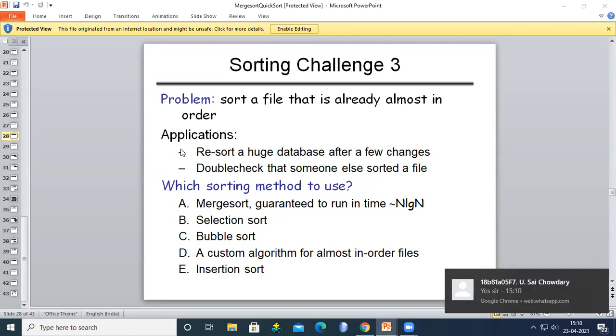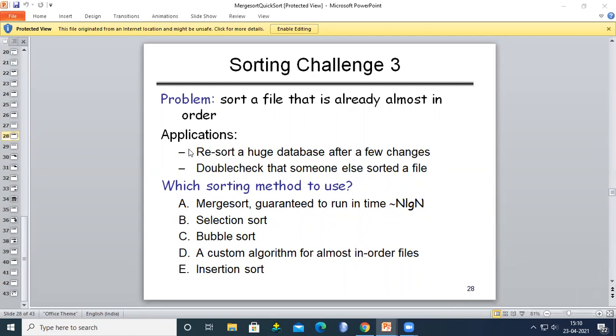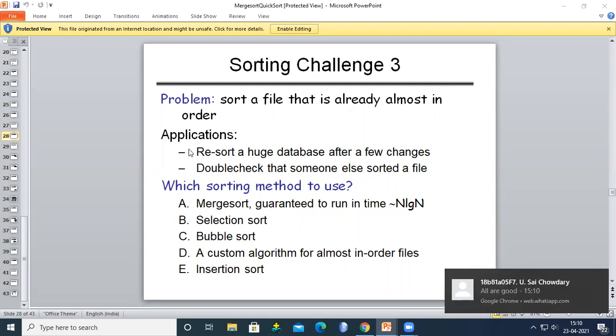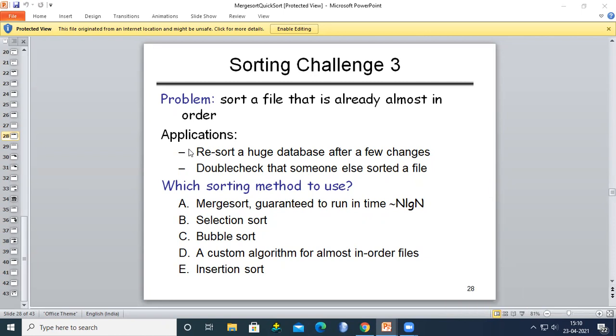Suppose the data is already given in almost sorted order.